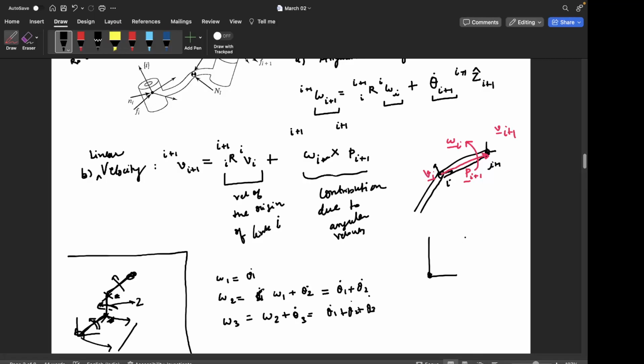If here is i and here is i plus 1, then i plus 1, looked at from i, is just rotating about it. It's not translating. If it had been moving also, then Vrel would have come.